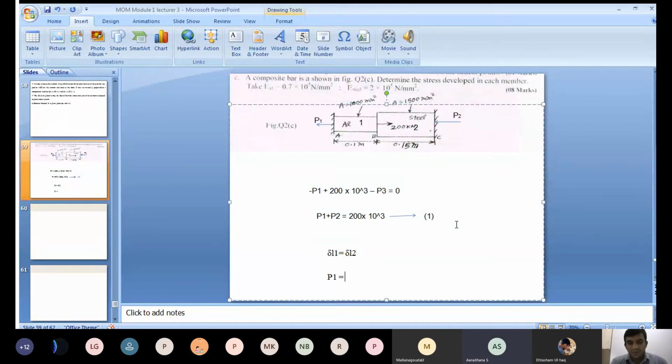Yes, Hitasha. P1 is equal to 107.75 into 10 power 3 Newton, 107.75 kilonewton. Is it in terms of P2, or is it the value of P1?